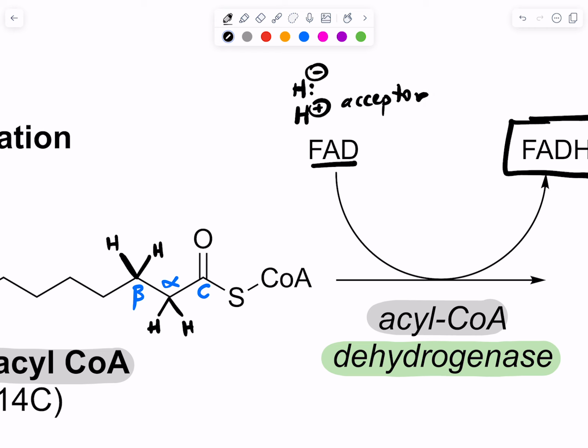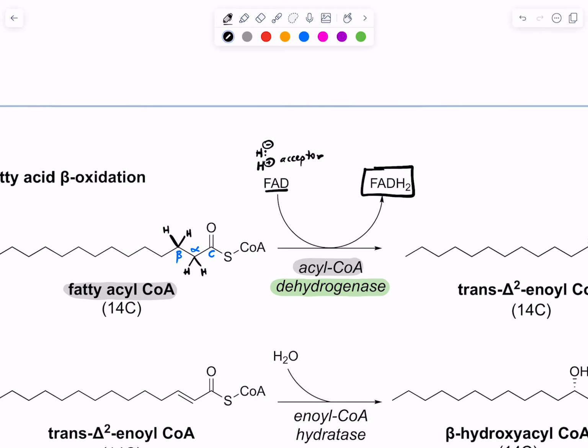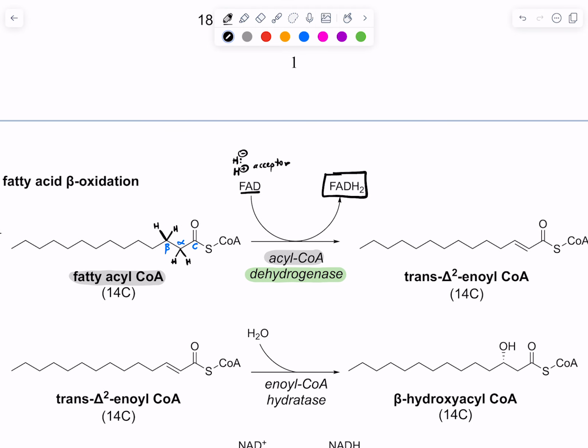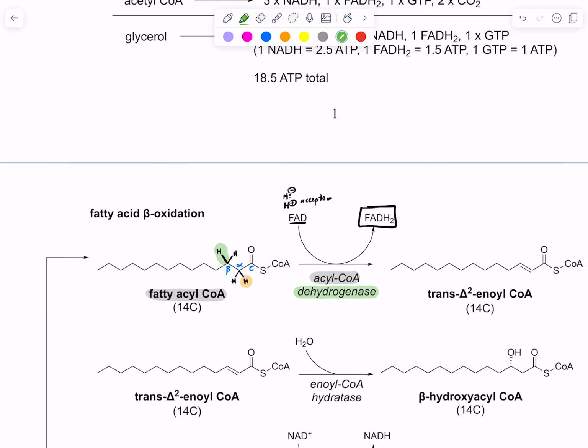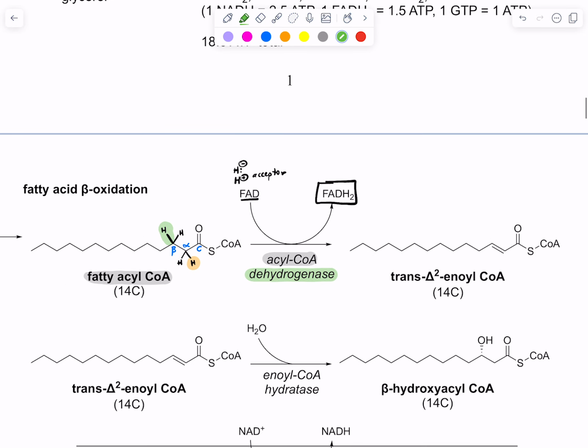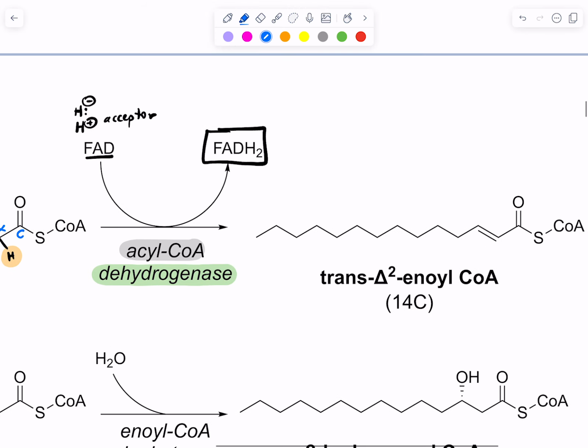We learned about that in the oxidation of succinate to fumarate. And this mechanism is basically exactly the same as that. In this mechanism, nature's going to remove a proton from the alpha carbon and then kick off a hydride from the beta carbon. And that's going to give you this trans-enoyl-CoA, where you now have a double bond between alpha and beta carbons.